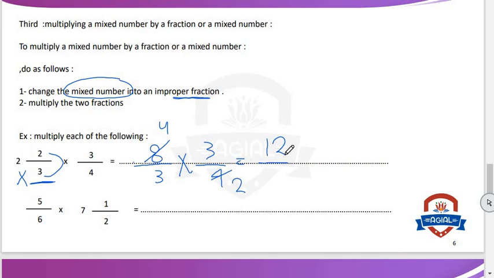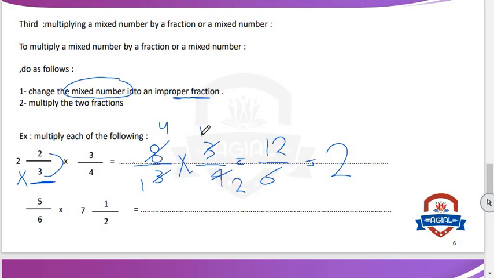And 2 multiply 3 equals what? 6. 12 divided by 6 equals what? Excellent, 2. So the result will be 2. Or here you can say 3 divided by 3 equals 1 and 3 divided by 3 equals 1. So 4 divided by 2 equals 2. Okay? And so on.